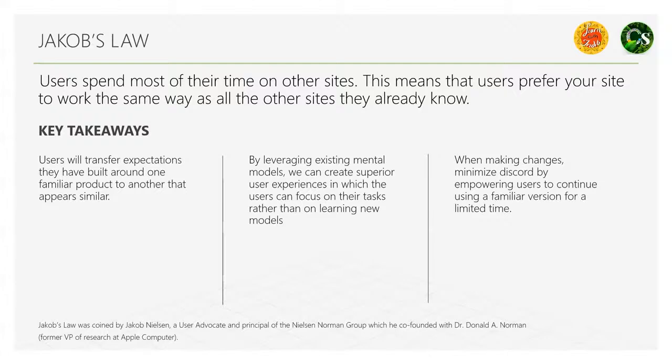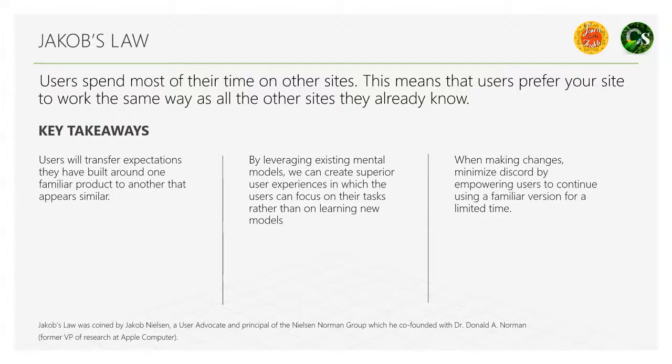Very simply put, it says that your users are not only visiting your website, they are also visiting similar websites, the type of site that you are also building. So by visiting other competitors' sites or other similar platform sites, they have already got a mental model in themselves.